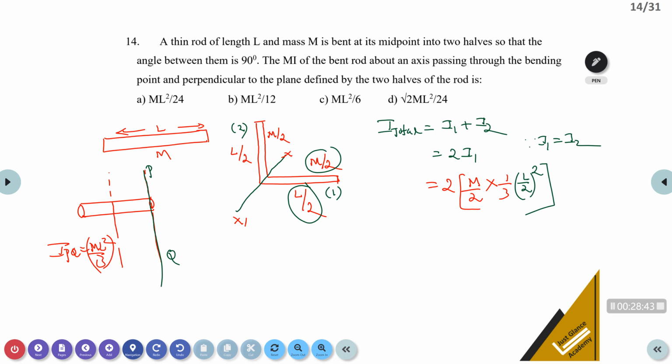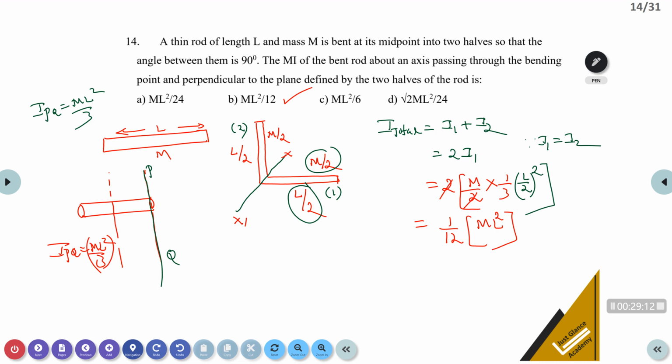Then the 2 cancels, and this becomes 4 in the denominator, so it is M L square by 12 times 2, that is ML square by 2. This is the right choice.